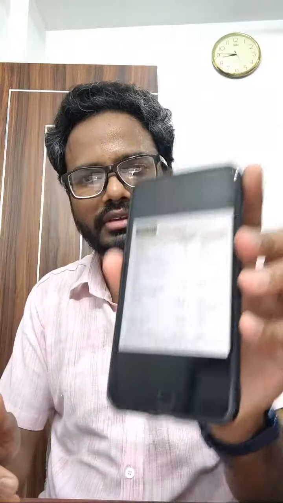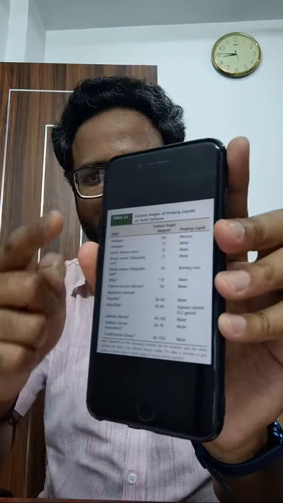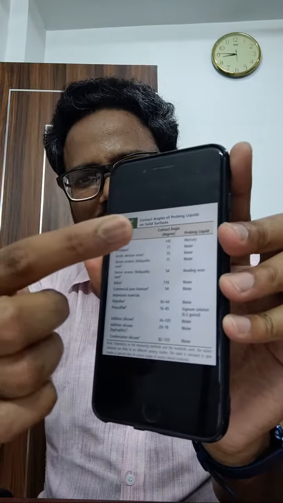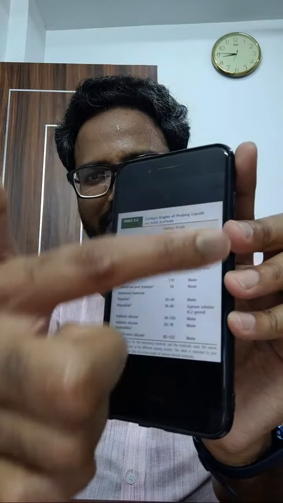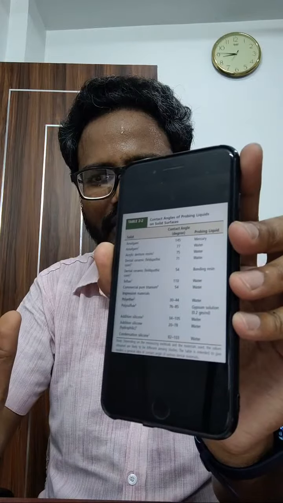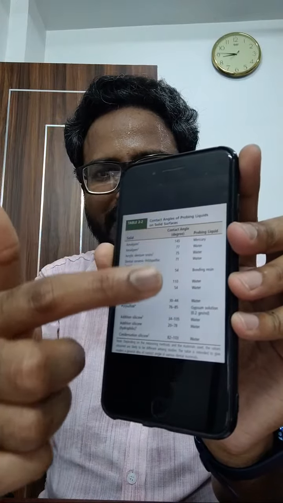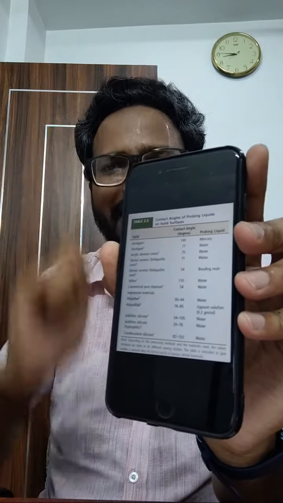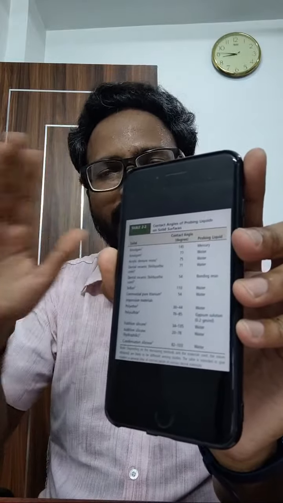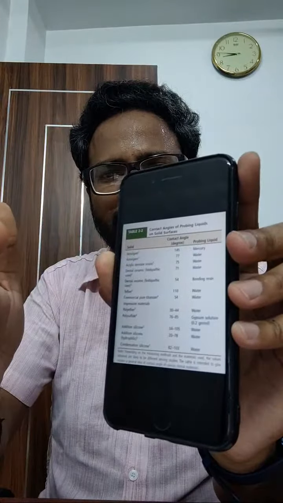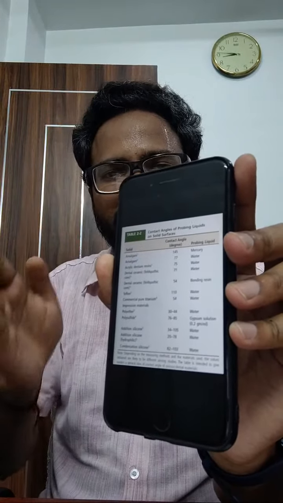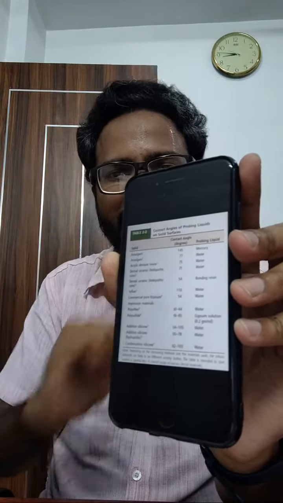And in line with this, I want you guys to have a look at this particular table. You can just look into the values. They're given various solid substrates and various liquid adhesives, right? And in the center, you can see the contact angle. Based on that, you will have a rough estimate of how the interaction between this substrate and the adhesive is.